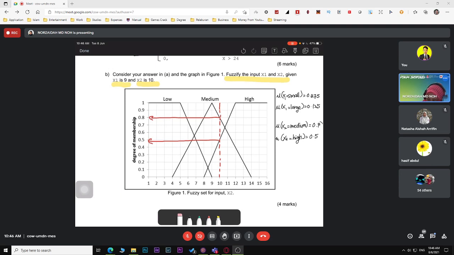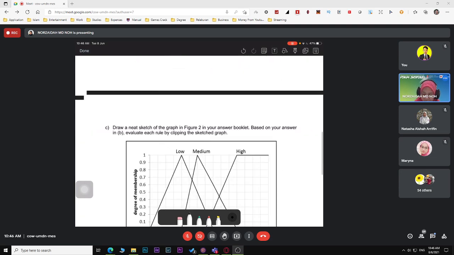Boleh? Okay, dah dapat 10 markah. Boleh? Any question? Boleh. Okay, setakat ni clear? Alright, so you done know falsification.